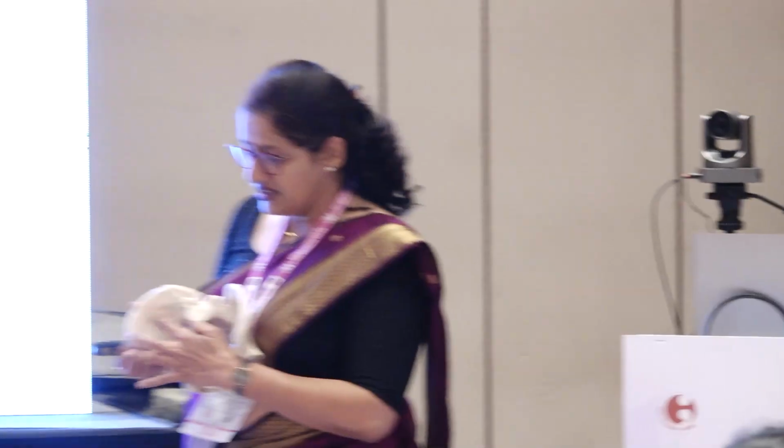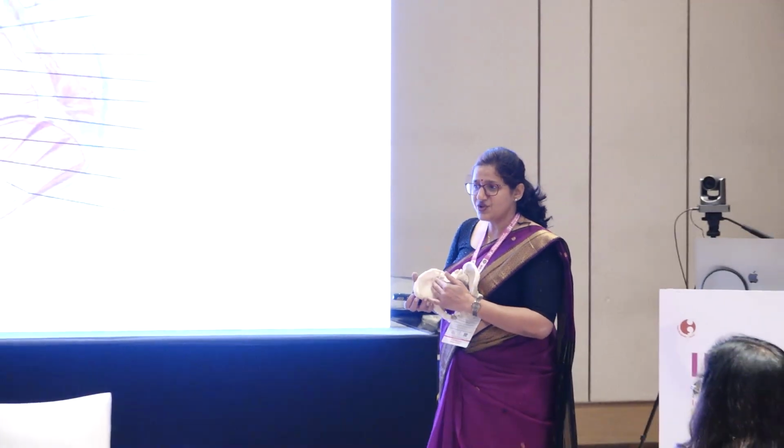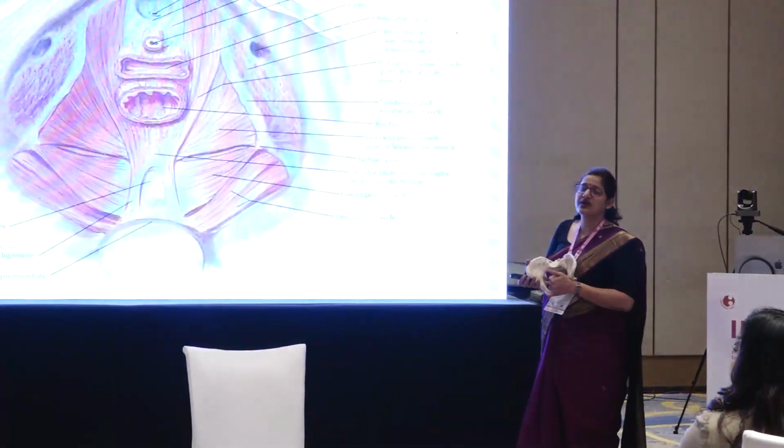You can see that here is the iliococcygeus muscle, arising from the arcus tendineus fasciae, which Dr. Manisha was talking about. The name suggests it should arise from the ilium and insert in the coccyx, but it is not like that.